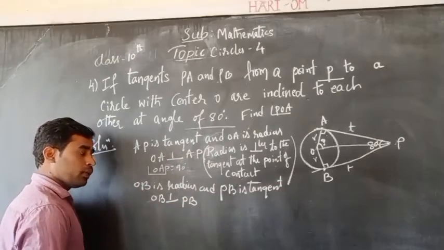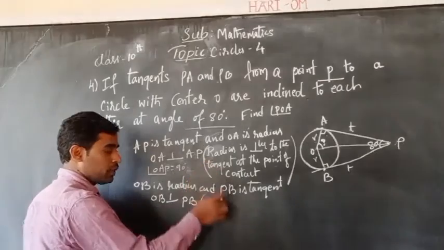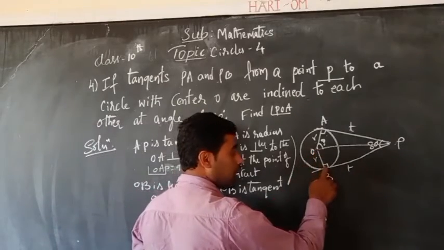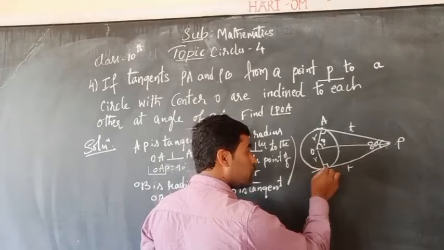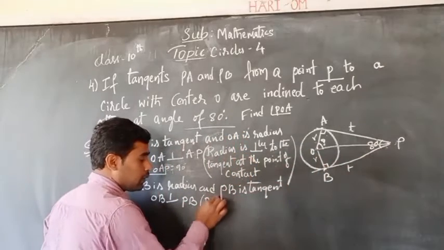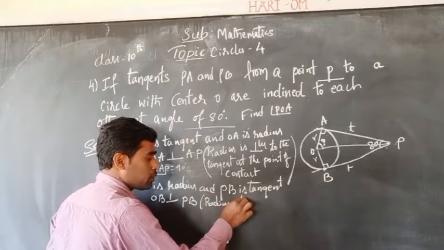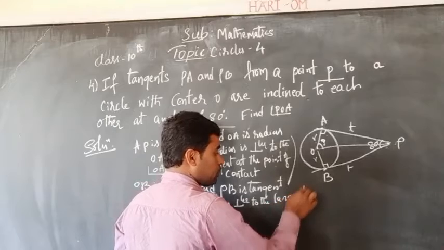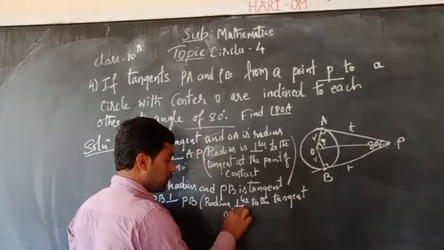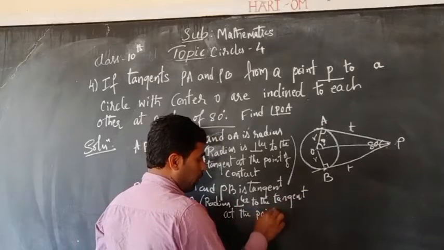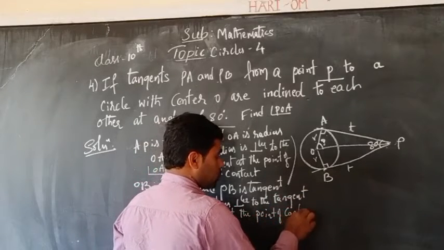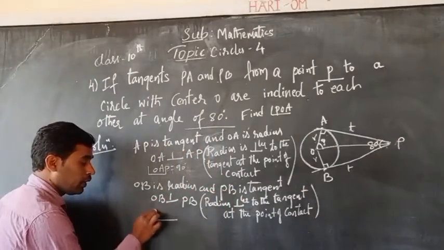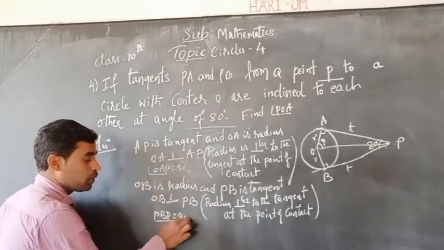The reason: radius is always perpendicular to the tangent at the point of contact. Now we can write angle OBP is equal to 90 degrees.